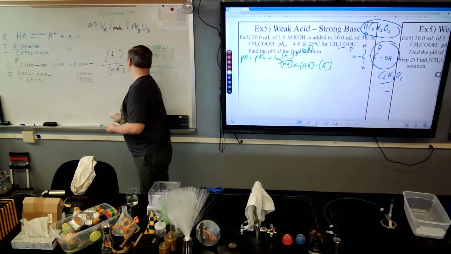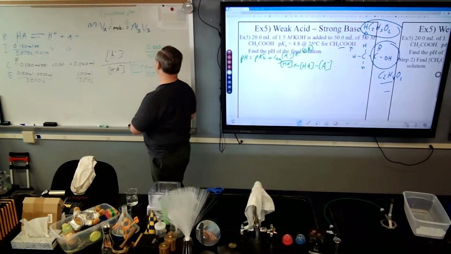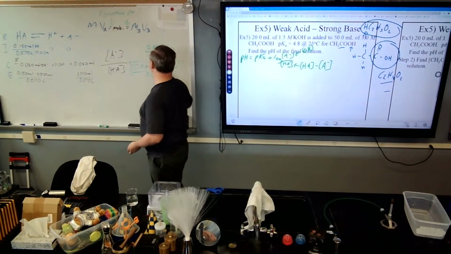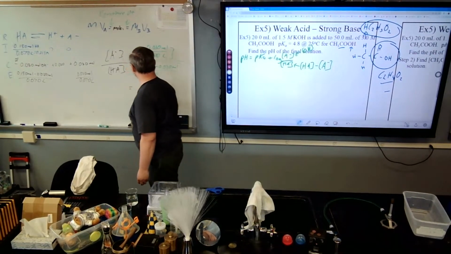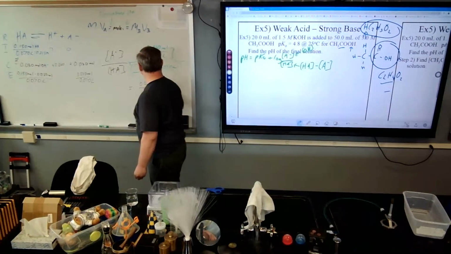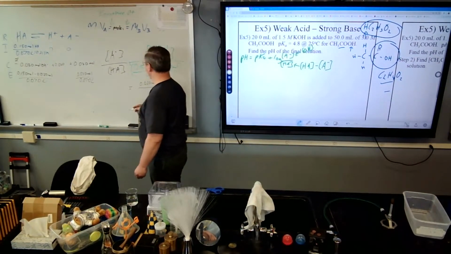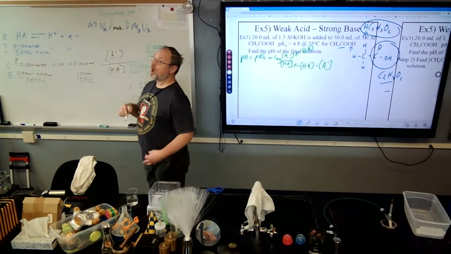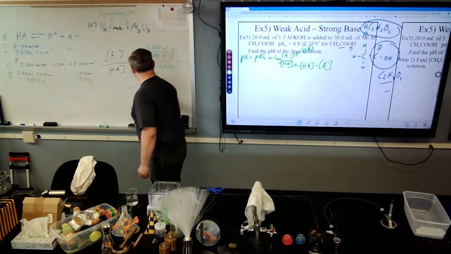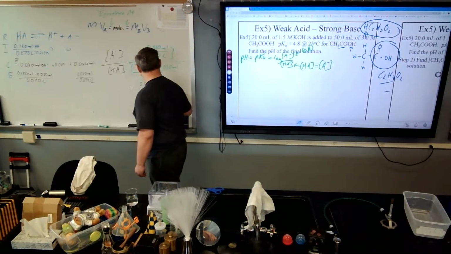You do. So if you want to do the whole molarity over the whole molarity, that's perfectly fine. If you want to cancel them out, that's fine too. So the ratio becomes 0.030 moles. That's the A minus that was created, over 0.150 minus 0.030 moles. That's the HA that's left behind.